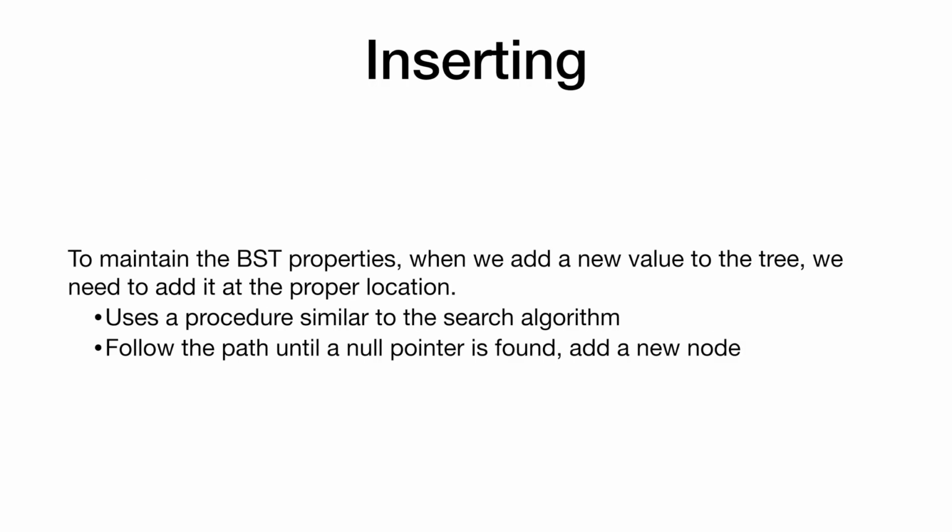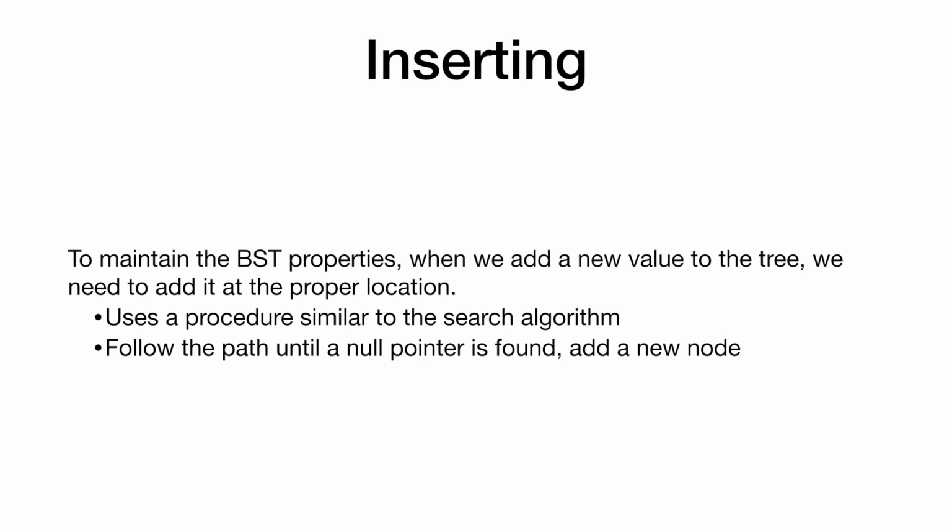So the basic idea here, to maintain the binary search tree properties, when we add a new value to the tree, we need to make sure that it goes in the right location. So we want to insert it in a way that we're not going to violate any of the properties of the tree, which basically means that it always needs to go on the left or the right side depending on its value relative to each node in the tree.